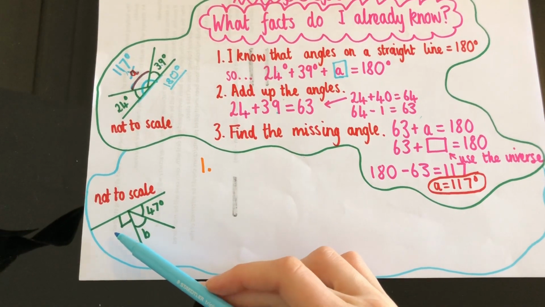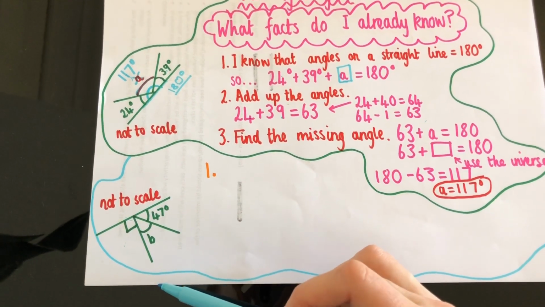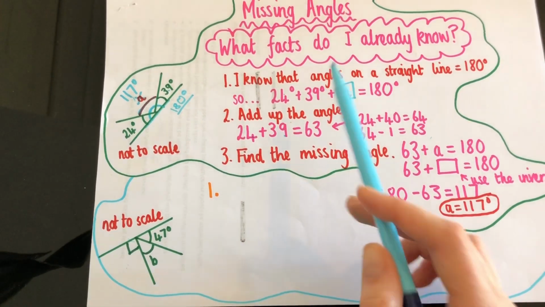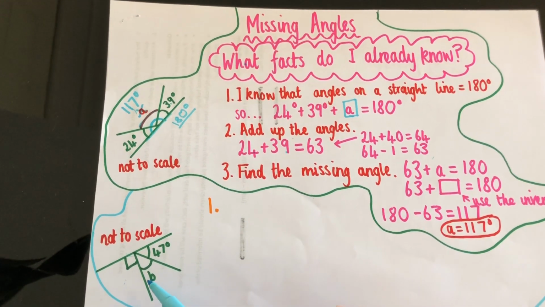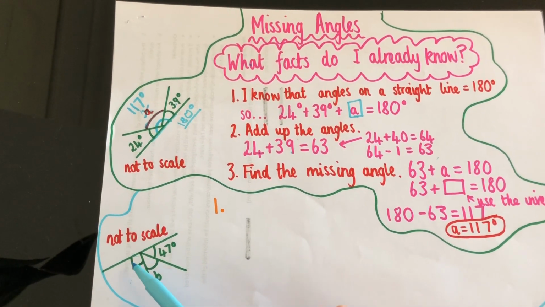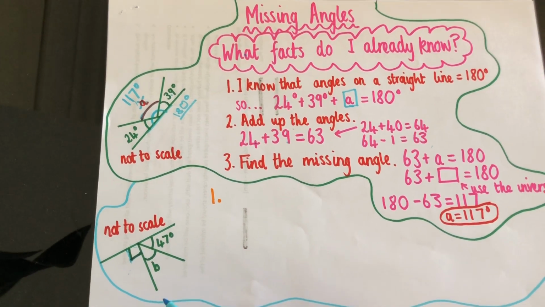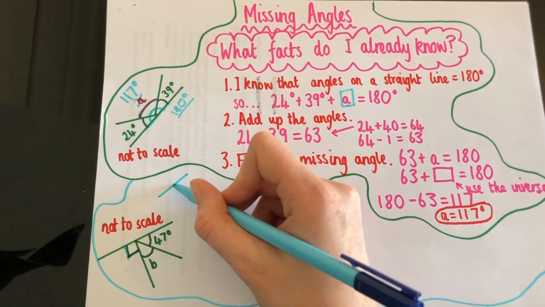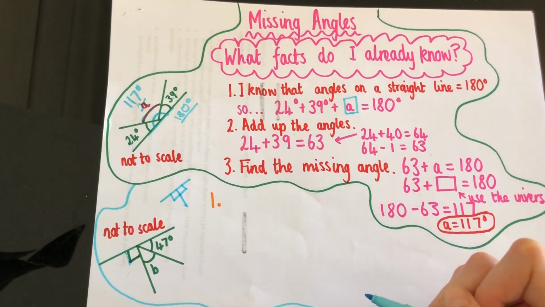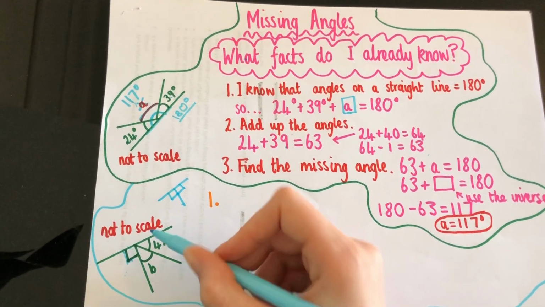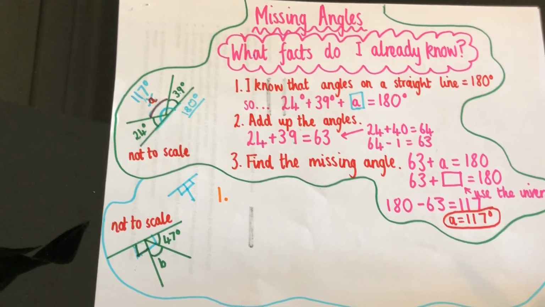With my second question, I could do this in exactly the same way. I could add up what I already know and subtract them from 180. I could do that, but because I'm thinking what facts do I already know, there is going to be a quicker way for me to do this. I know that because this is a square, it is a right angle, and on my straight line, I know that 2 right angles make up 180 degrees, and I've got 1 already, so the other side must also be 90 degrees.